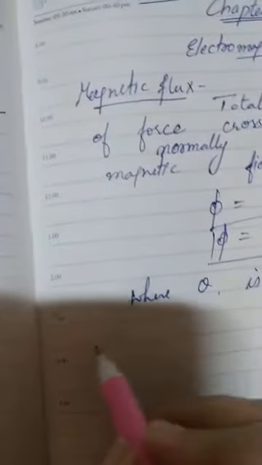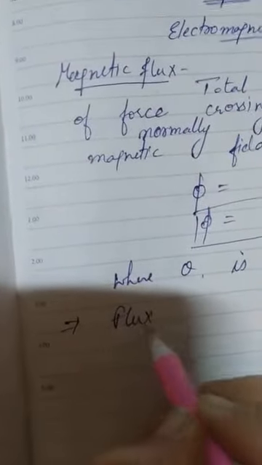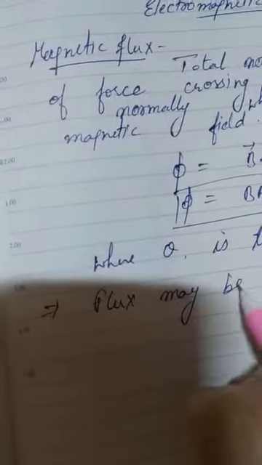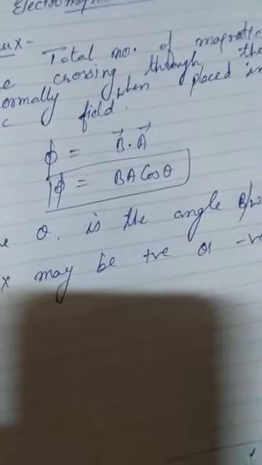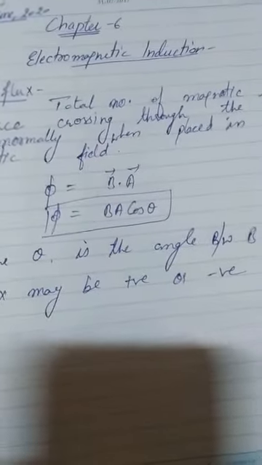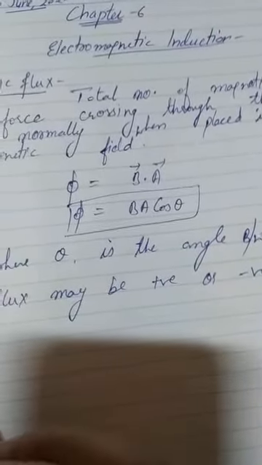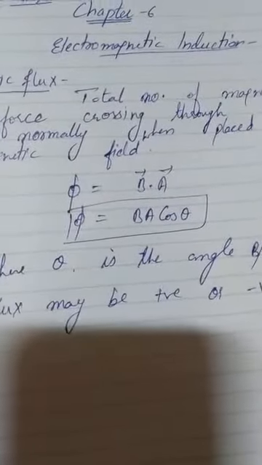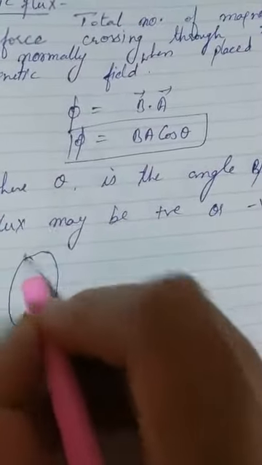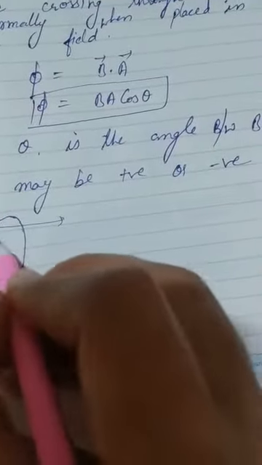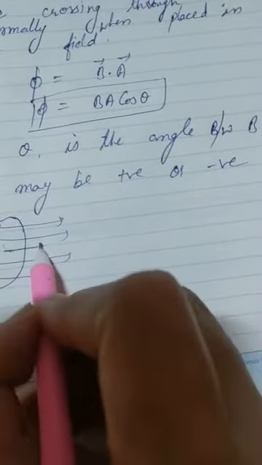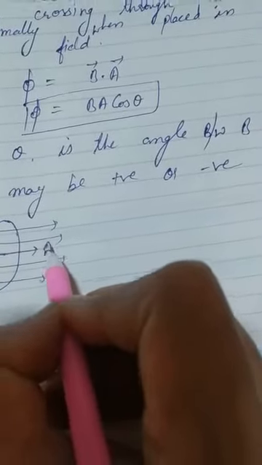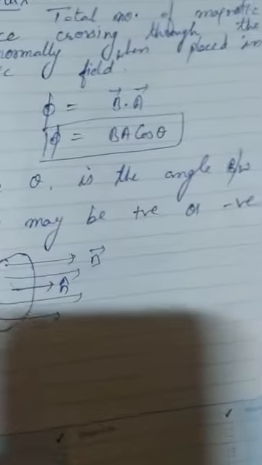Flux may be positive or negative. That depends upon the direction. If we take a surface where the magnetic field lines act in this direction, then the normal vector acting on it is along B. Clear now?